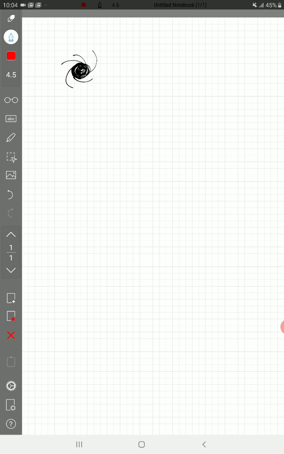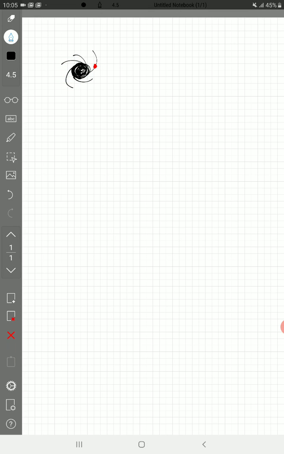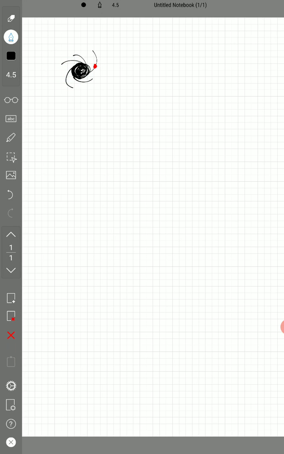So if you imagine one galaxy here, that red point is a star. If you imagine a star outside, that star will be affected by the gravity of this dense core in the middle of the galaxy.